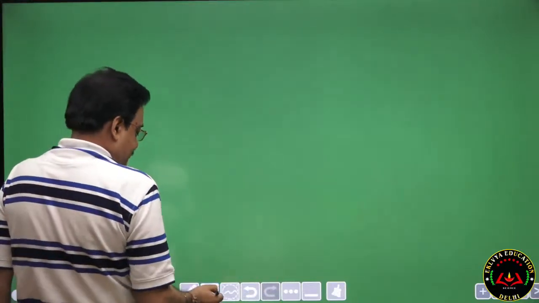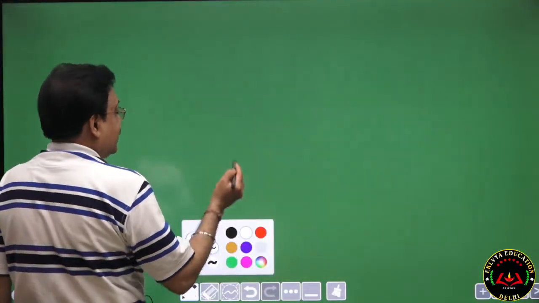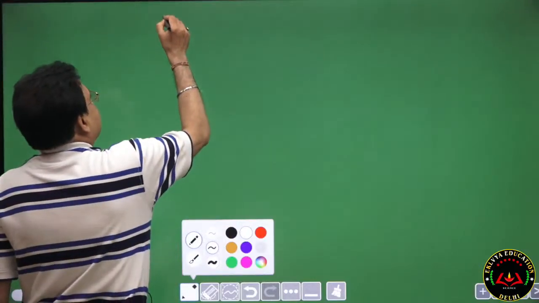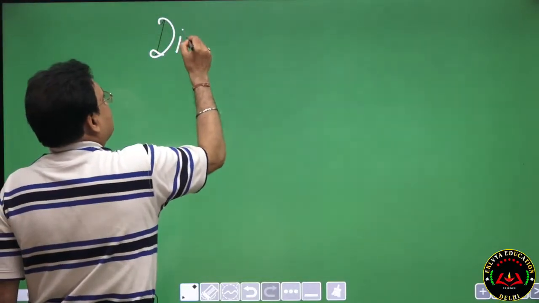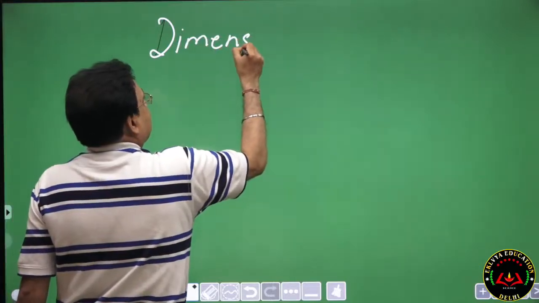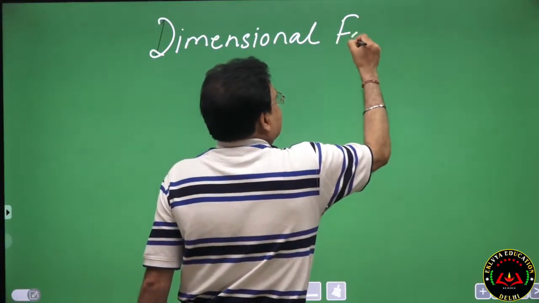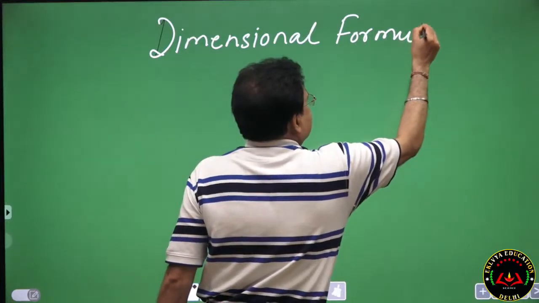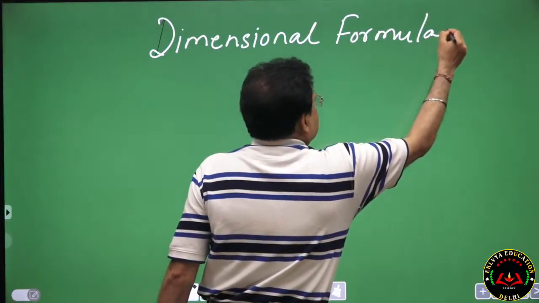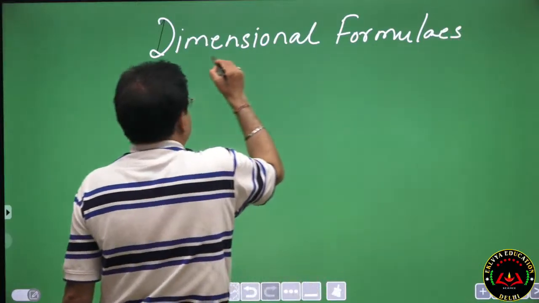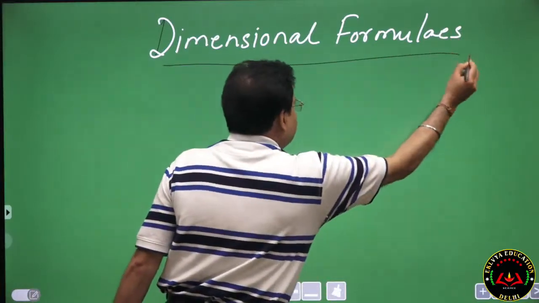So first of all, let's write down dimensional formulas. Now we have, friends, two different types. One is the mathematical formula.